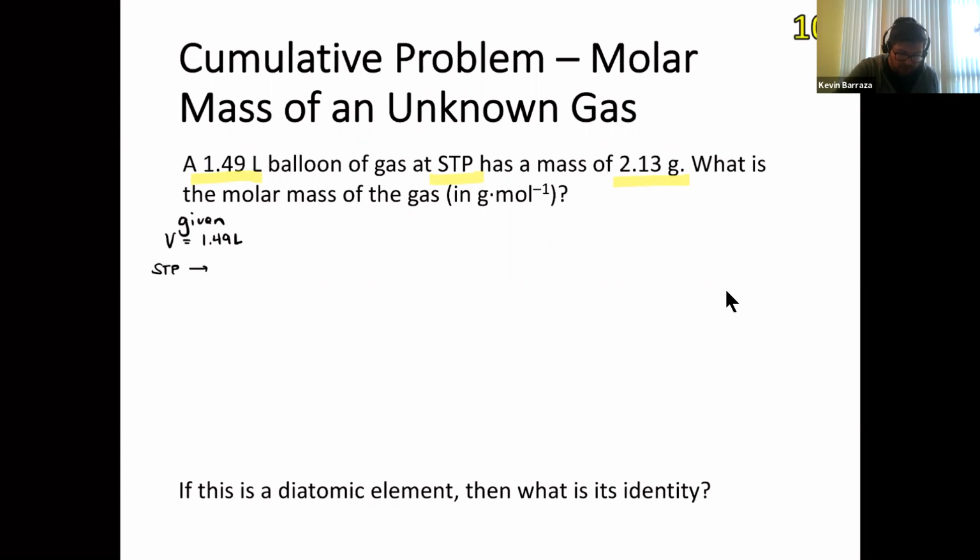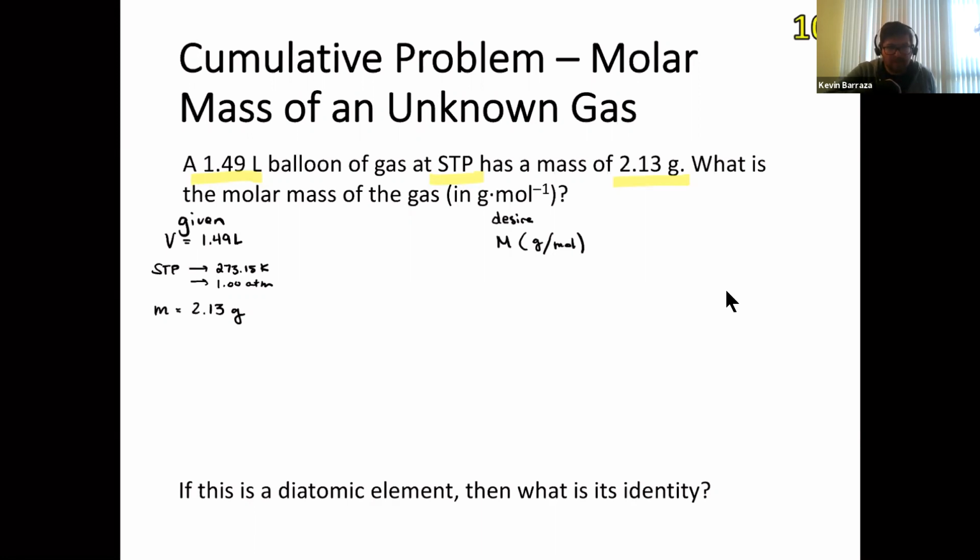So standard temperature is 273.15 Kelvin. Standard pressure is 1.00 atmosphere. And this is where it gets a little unique. We have a mass is 2.13 grams. What we desire is the molar mass in grams per mole.